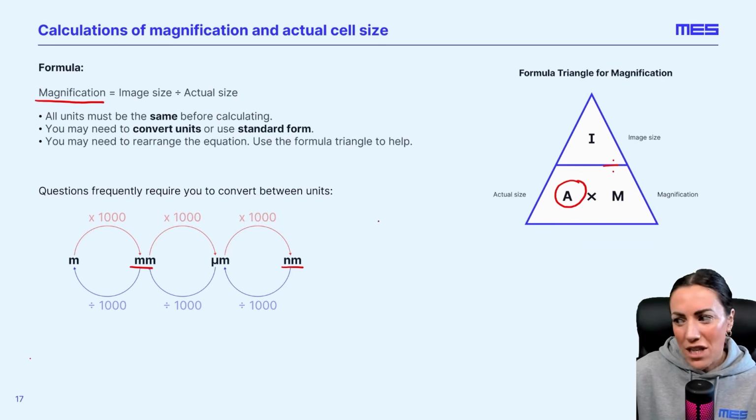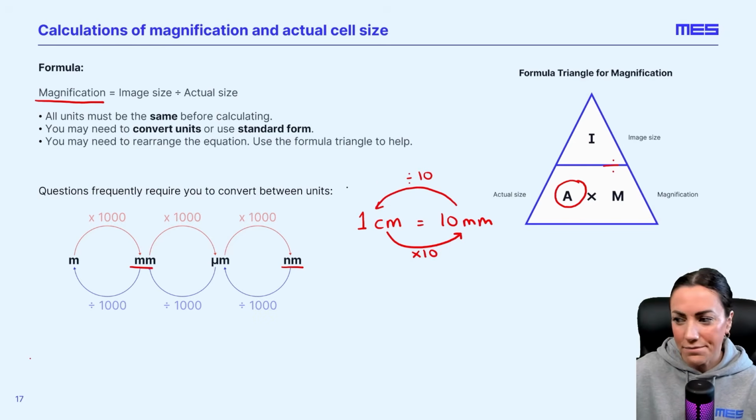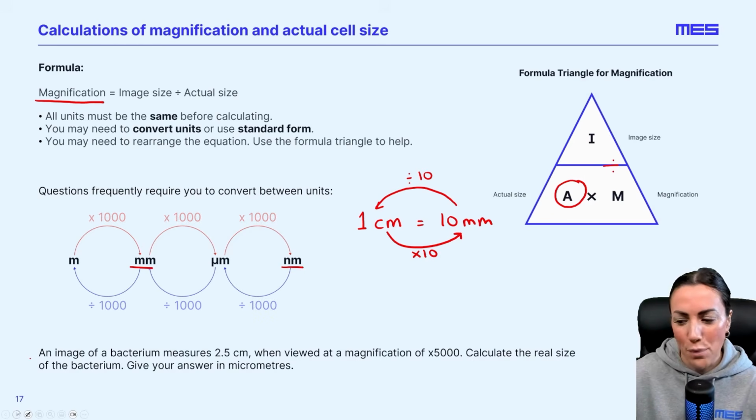Now, in biology, we don't often use centimeters, but if you do see a centimeter, then you should know that 1 centimeter equals 10 millimeters, or 1 centimeter contains 10 millimeters. So if you're going from centimeter to millimeter, you'd have to times by 10. If you're going back the other way from millimeter to centimeter, which is unlikely, you would have to divide by 10. Let's have a look at an example question.